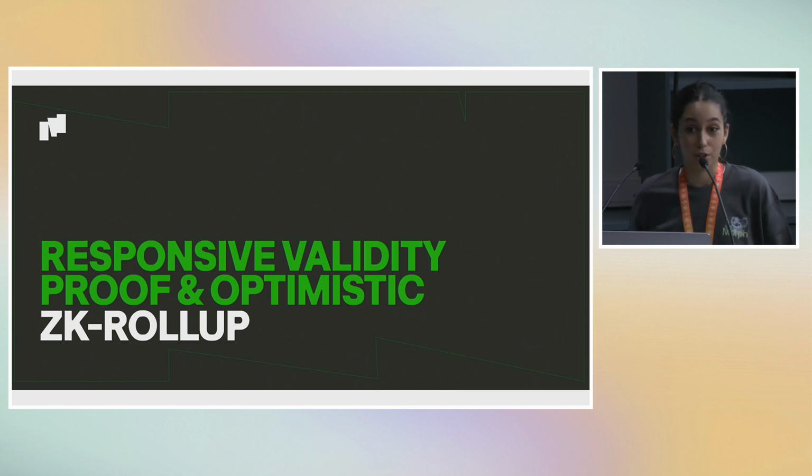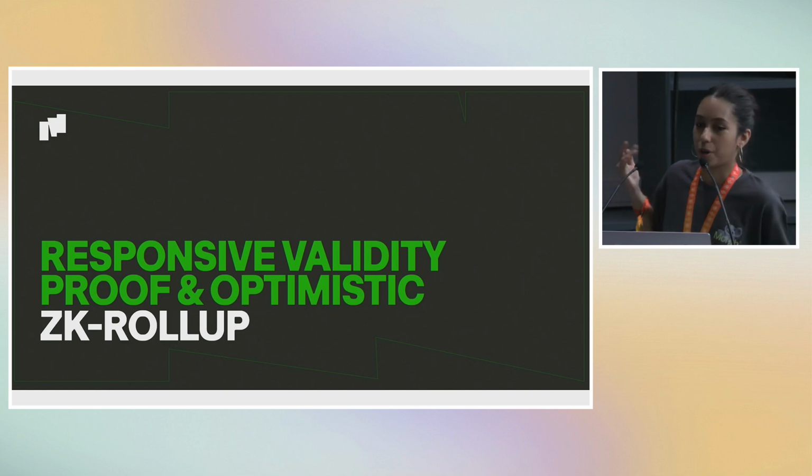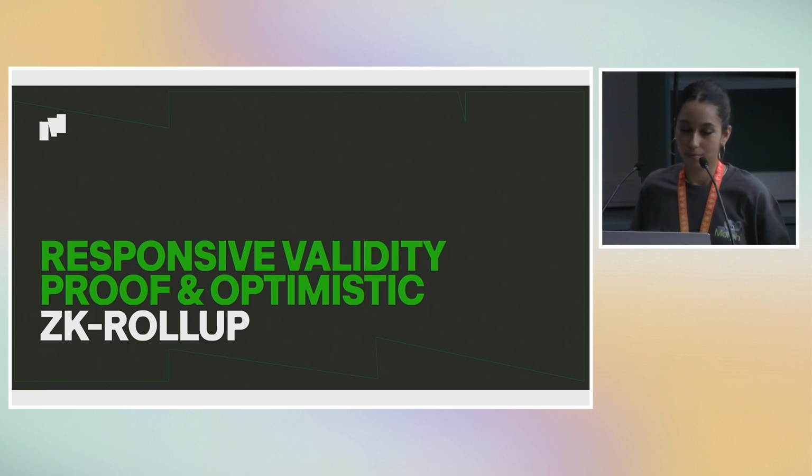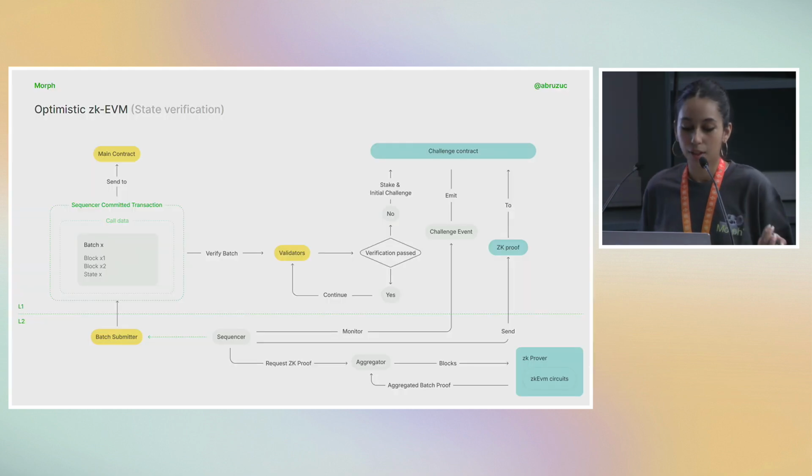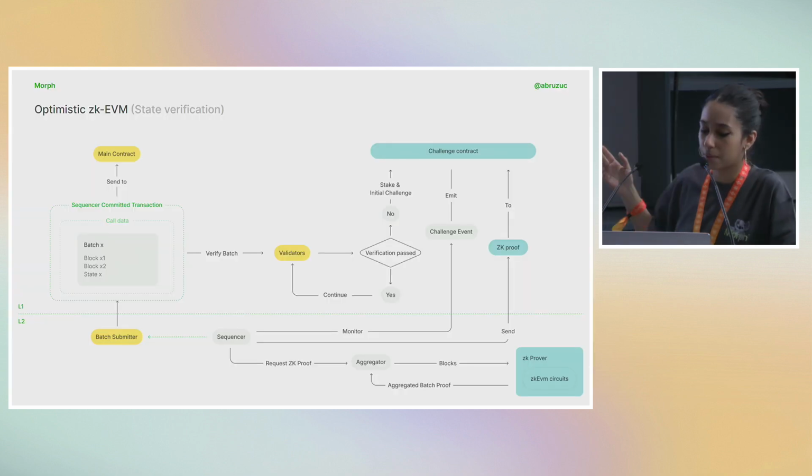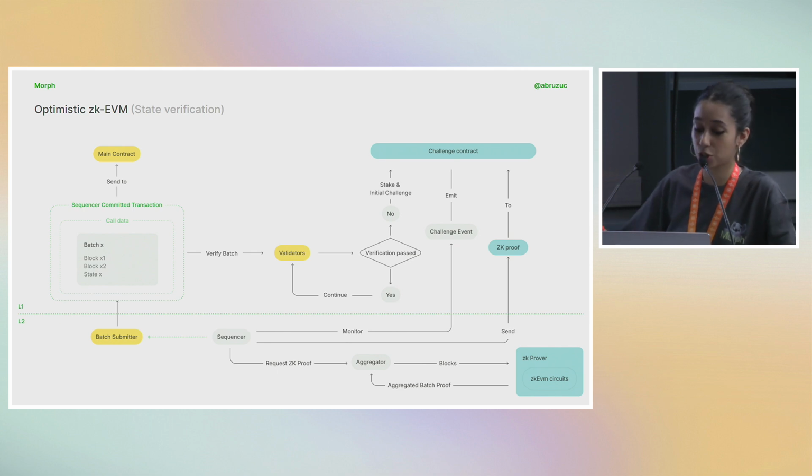Now we will talk about how we are actually an optimistic and ZK rollup, because everyone asks why we aren't a fully ZK rollup yet. The process is basically that the validators constantly verify all of the new states that sequencers have already submitted to layer 1.